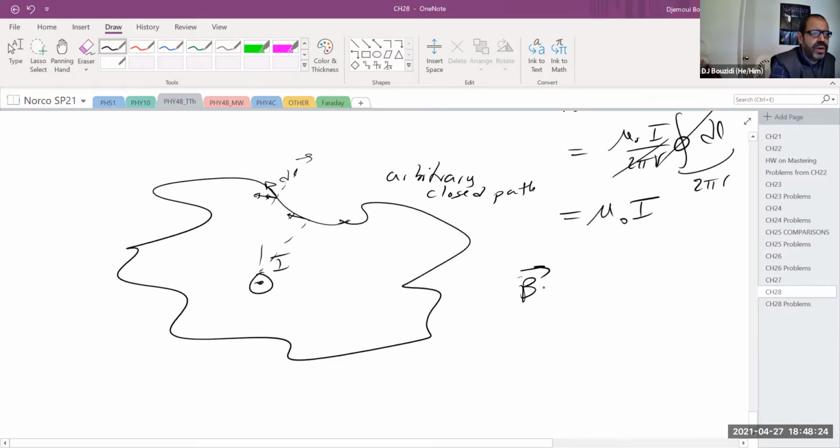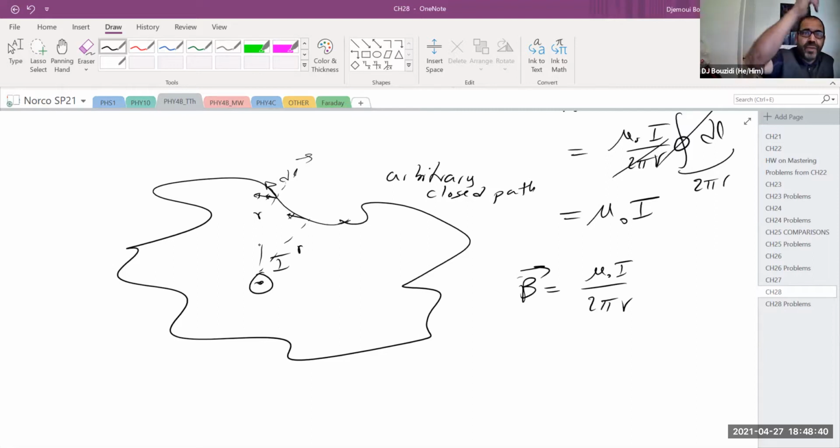So B is going to be equal to mu naught I over 2 pi r, where r is less in this situation than in here. R changes now. So we cannot say it's the same because it was the same earlier when we were doing the circle, but this is an arbitrary closed path. So r can be small or big depending on how far we are, times the angular direction, which I'm going to write as e theta.